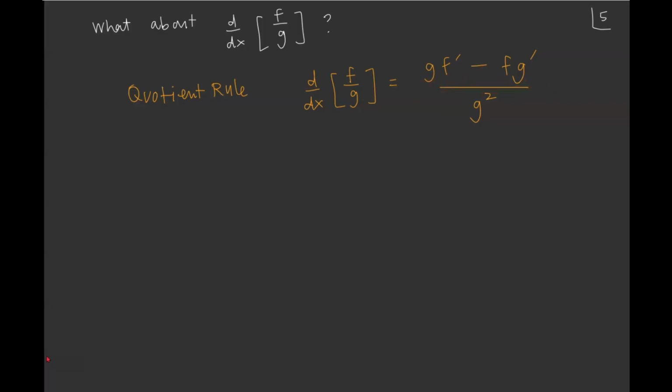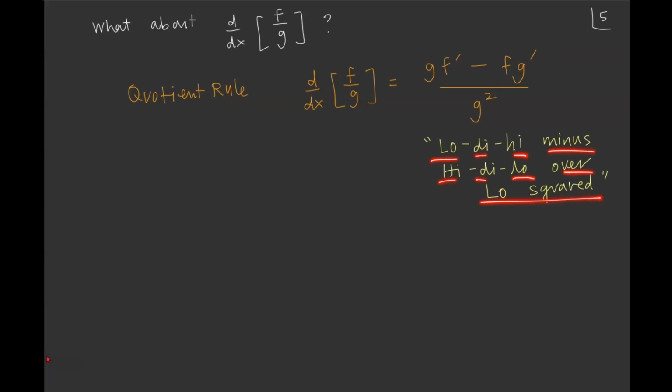So this is a very common way to remember the quotient rule, low d high minus high d low over low squared. Then you just have to remember you got to start with low. So low d high minus high d low over low squared.